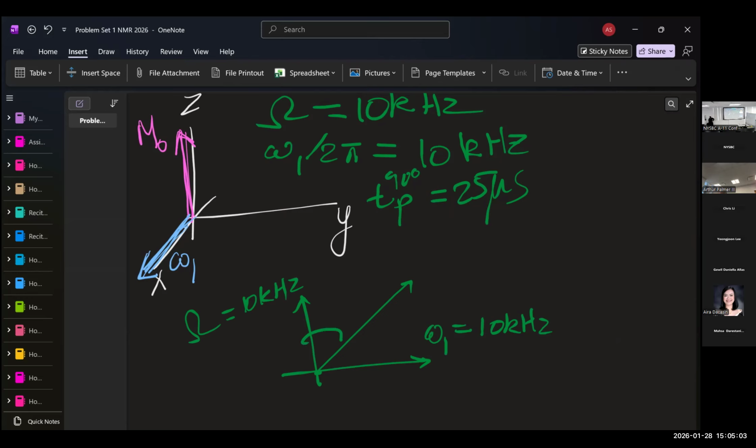So pi over 4 is the angle that the effective field will make, and its magnitude.